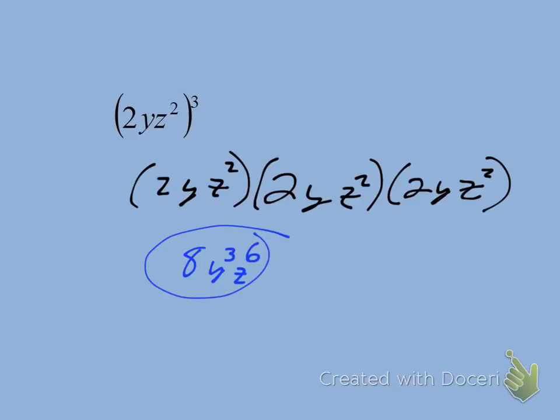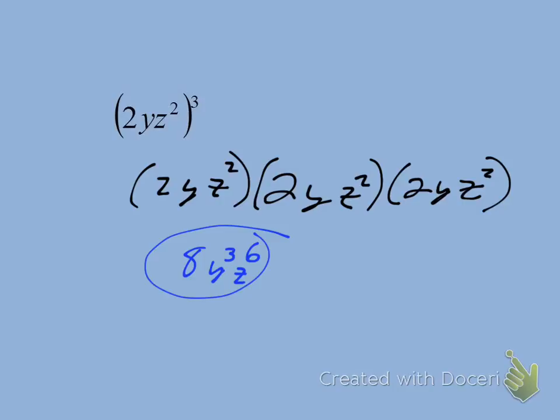Now, remember what I said about the 2 sides of your brain. They got to work together, not against each other. We cubed the y, right? Everybody sees that. Y cubed. You cube z squared: z squared times z squared times z squared, you get z to the 6. Everybody good?